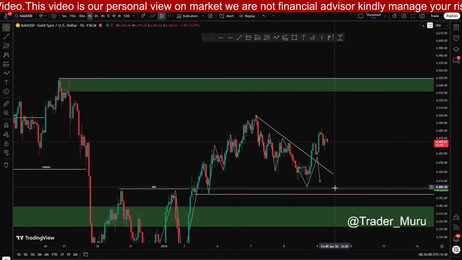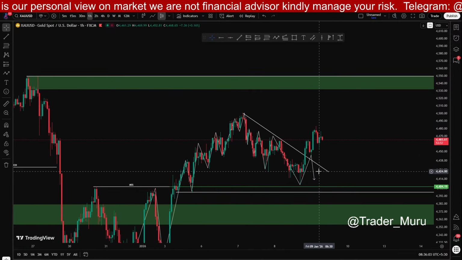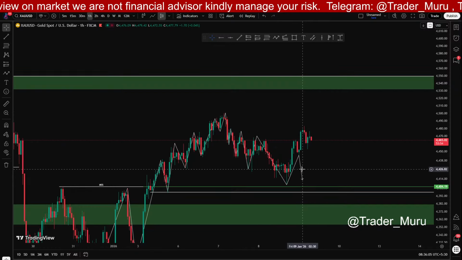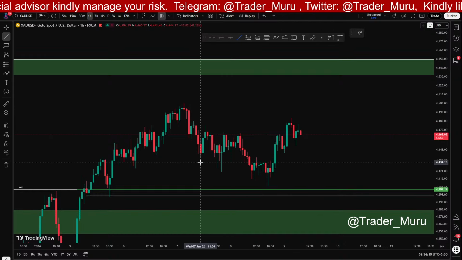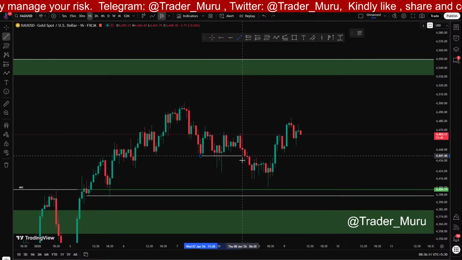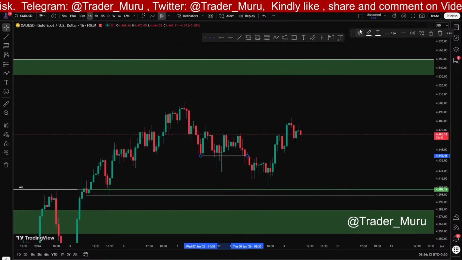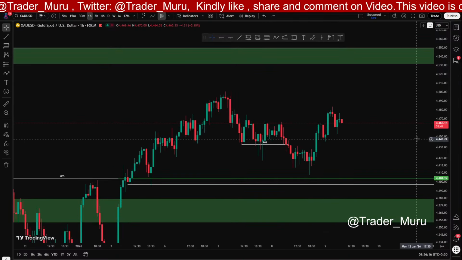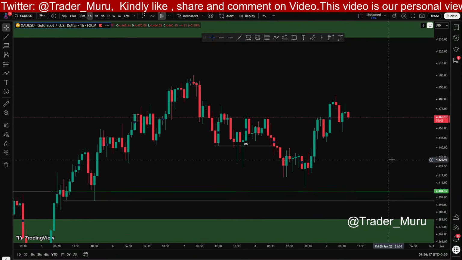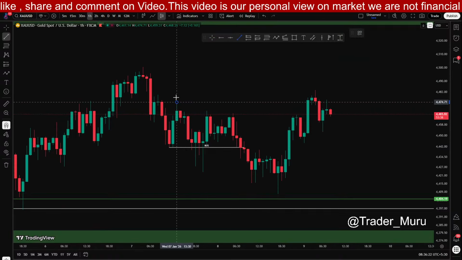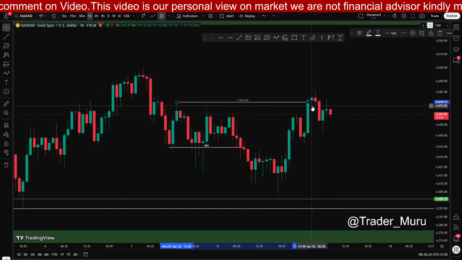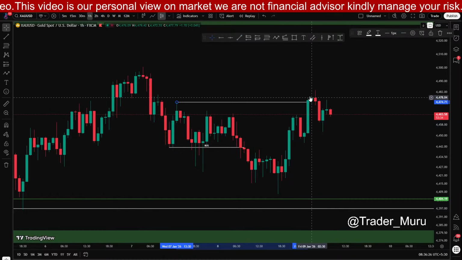So what can we expect here is we will follow the 1-hour structure. In 1-hour structure, our last breakout structure was this one, and this was our structural high. We have a 2-candle closing above it.